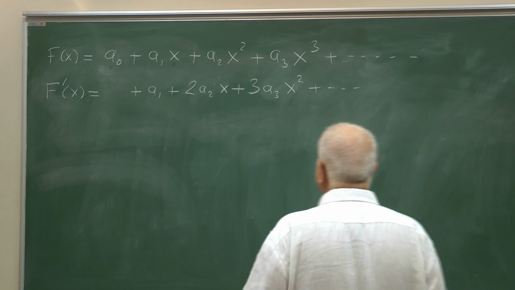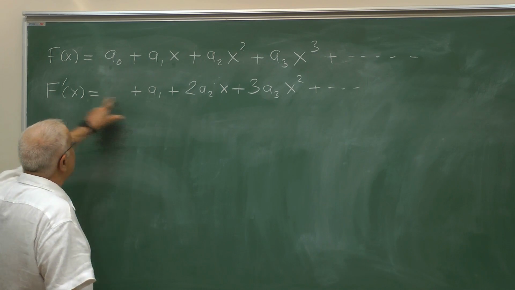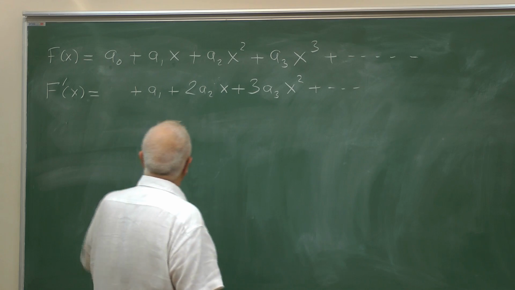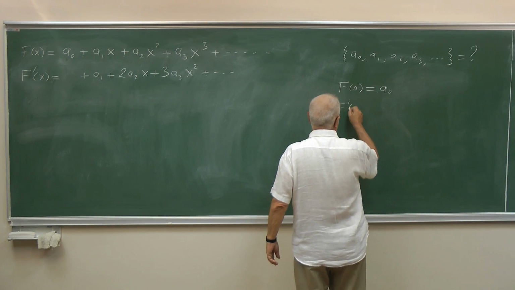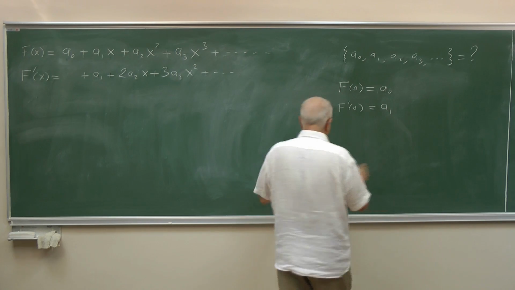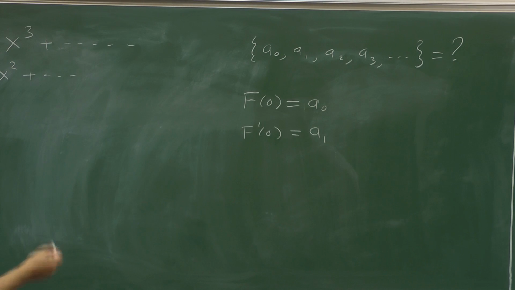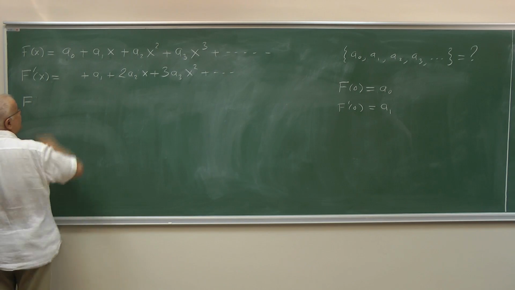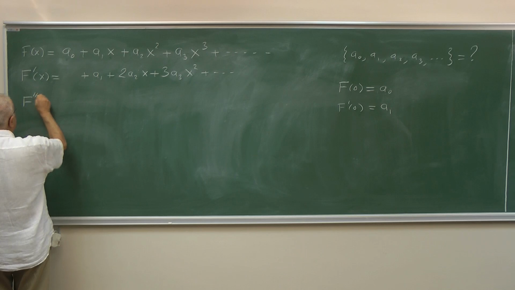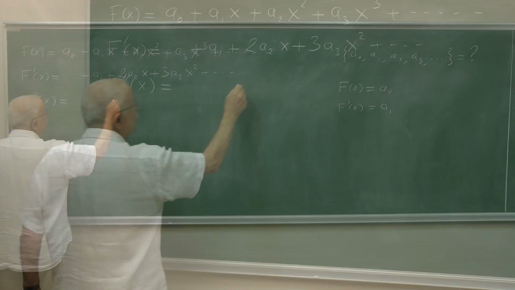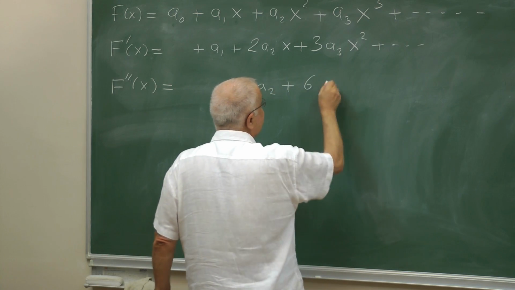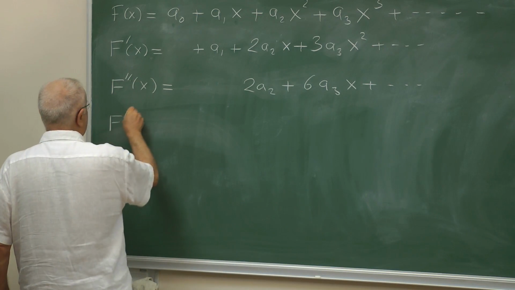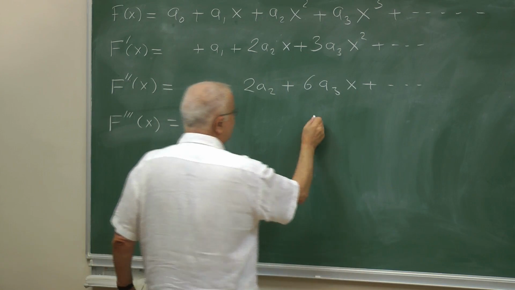Well, if I evaluate this derivative at x equals to 0, then all these terms will die except for a1. I'll have f prime of 0 equals a1.